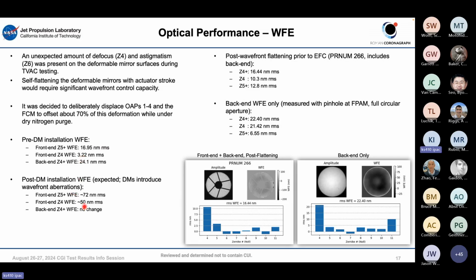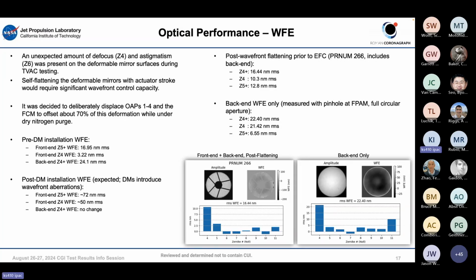And so we had to do some optical adjustments and displacements of the optical elements on the front end in order to offset that aberration, that deformation of the deformable mirrors, so that we don't have to use the actuator stroke of the deformable mirrors to self-flatten, and then on top of that have to flatten the rest of the telescope, the CGI instrument, and then do EFC on top of all that.